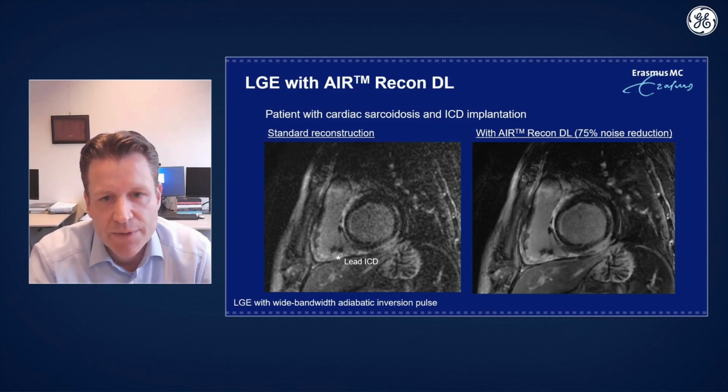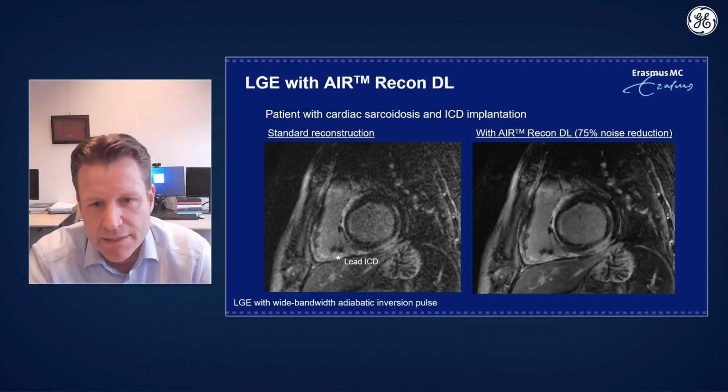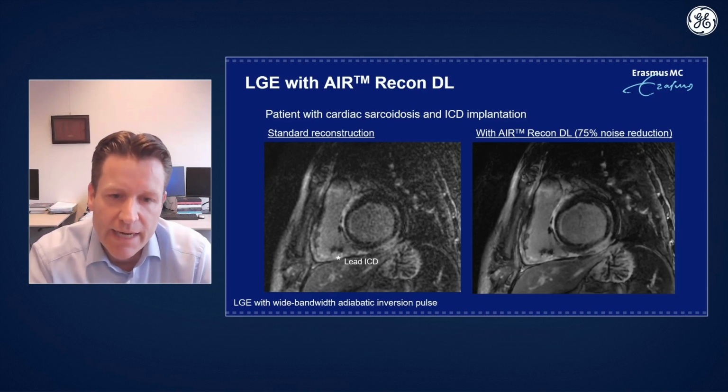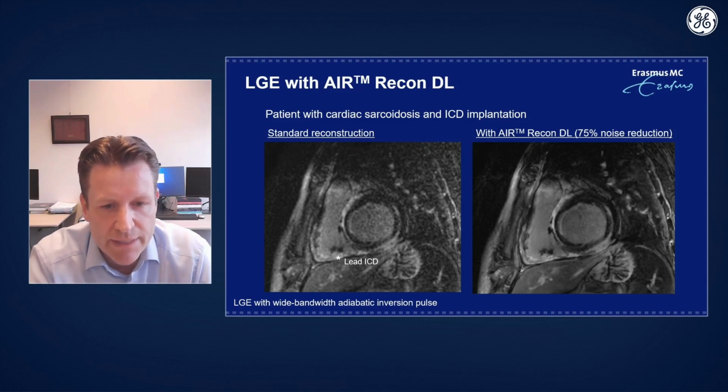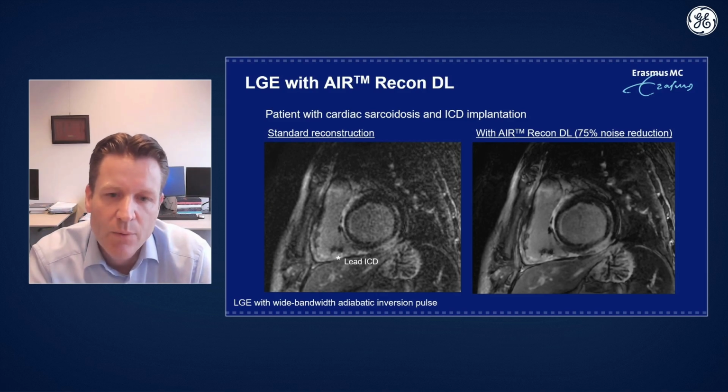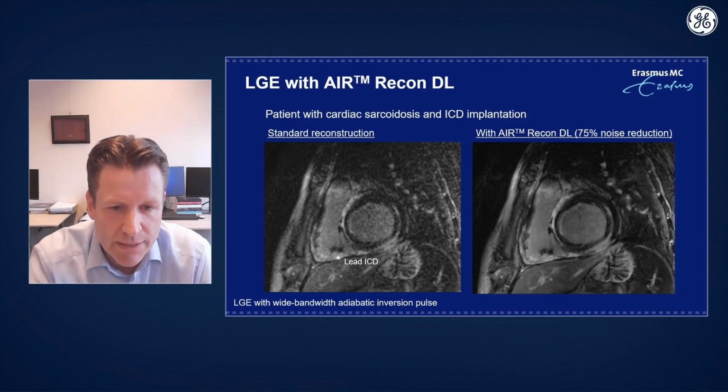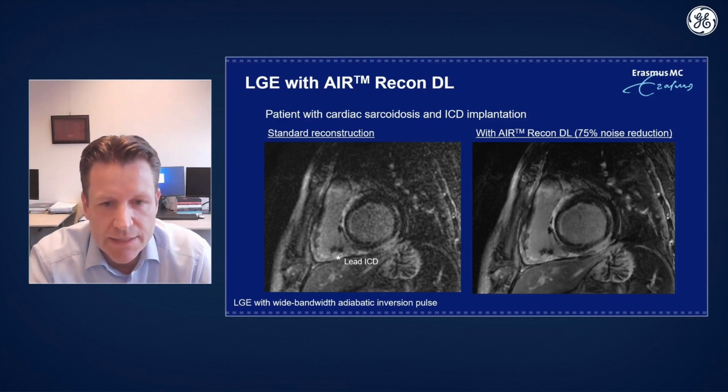And this is a patient with cardiac sarcoidosis, and he had an ICD implantation. And this is a scan after, so with the ICD. Very nice with the wide band inversion pulse, where you have quite a reduction of the artifacts. You can assess the short axis quite nicely, where you see the lead of the ICD.